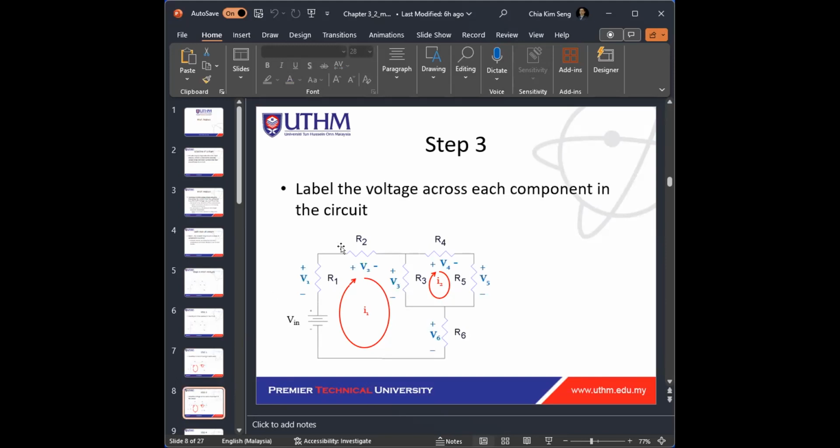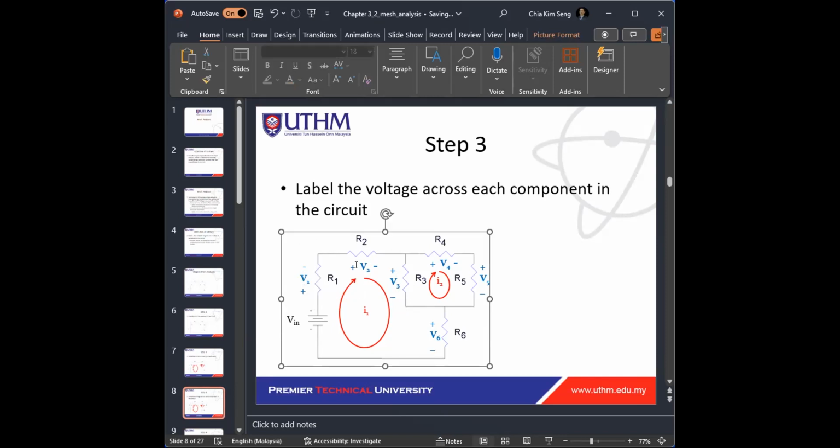Of course, there are the labels. But anyway, I think the label for this one is incorrect, so the polarity should be reversed. You should take note of this. Since our current flows from the source to here, here will be a plus, and the minus on the other side.